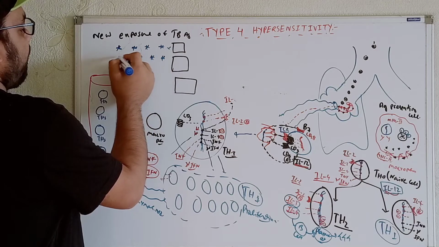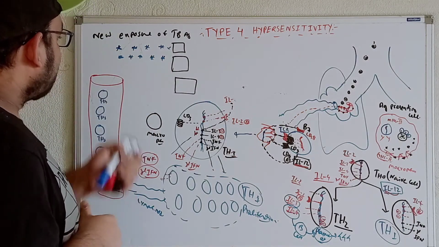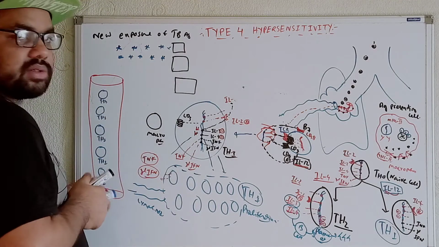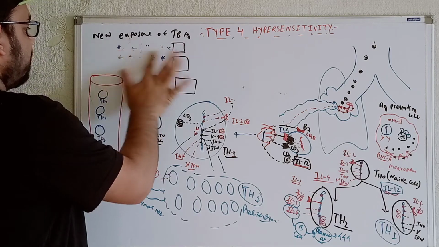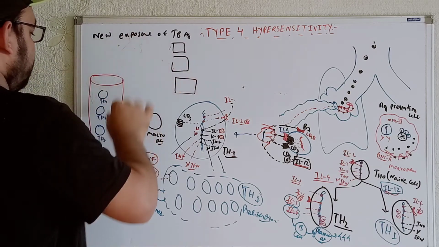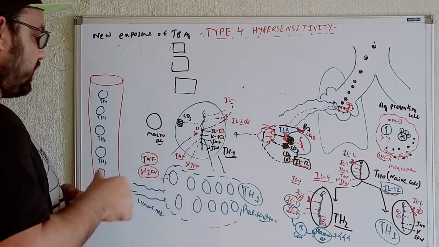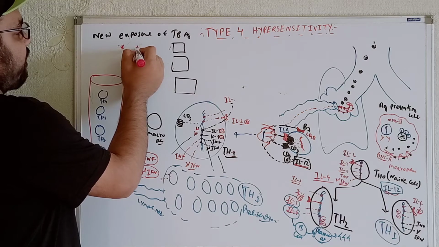Whenever the tubercular antigens come over here, definitely the T helper 1 cell will be activated. Let's show these cells in a different color. Otherwise it will be the same color, because I already drew the Th1 cell in blue. So let's make it red. So this is the new exposure of the tubercular antigens over here.